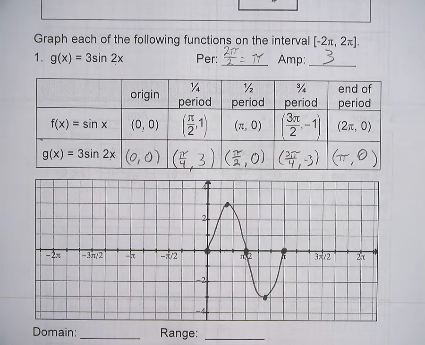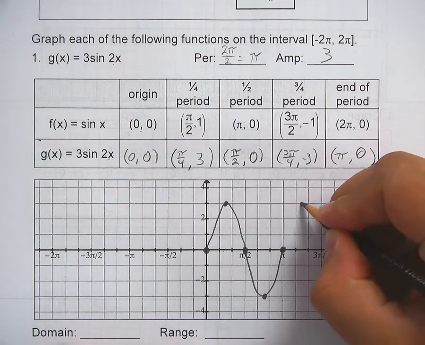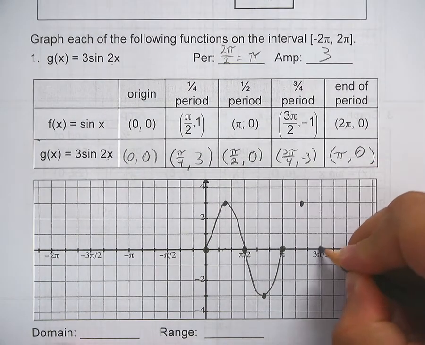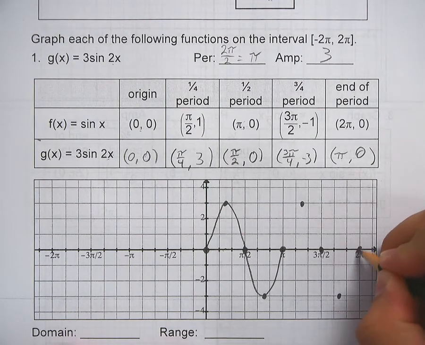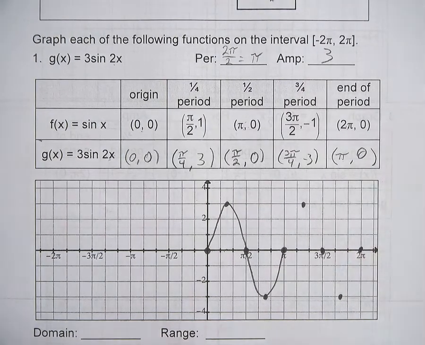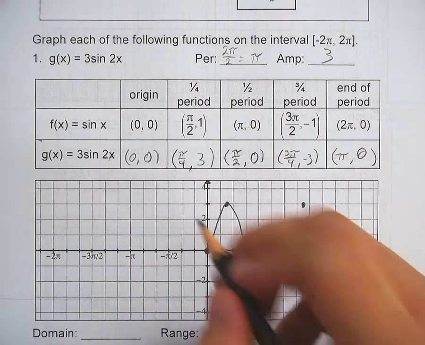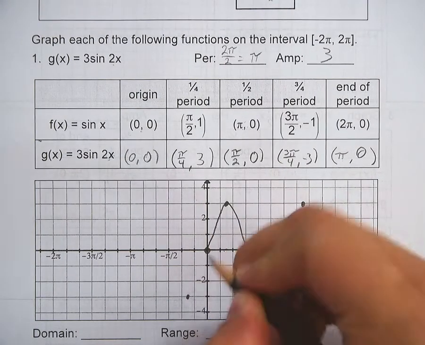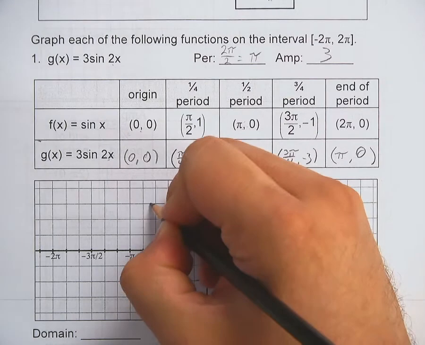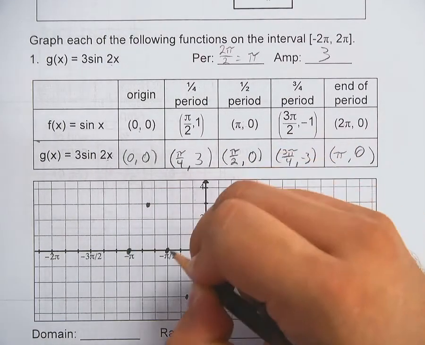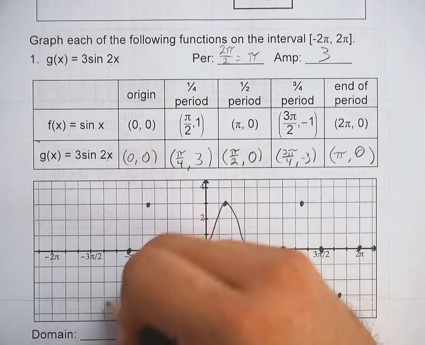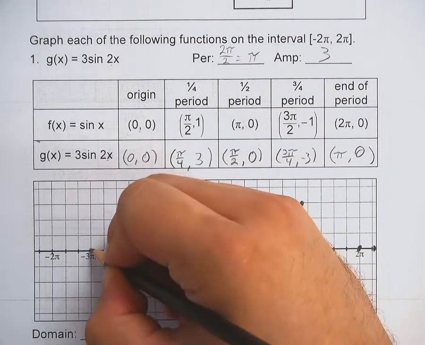Now, what's cool about this is after that, we can just repeat it, right? So the next point will be here, then here, then here, then here. We can go the other direction and repeat it there as well. We got here. And as long as this thing is symmetrical, you know you're doing it right.